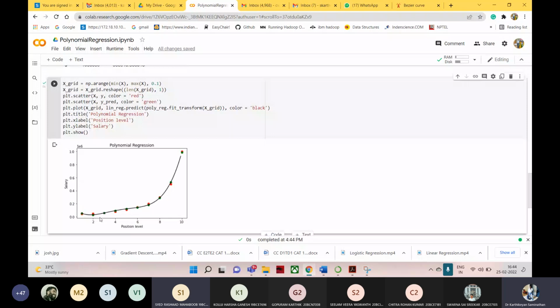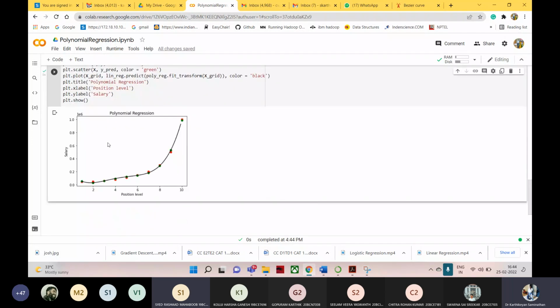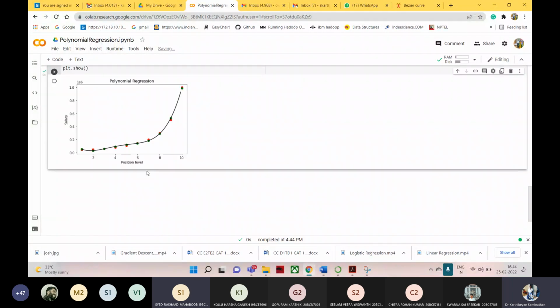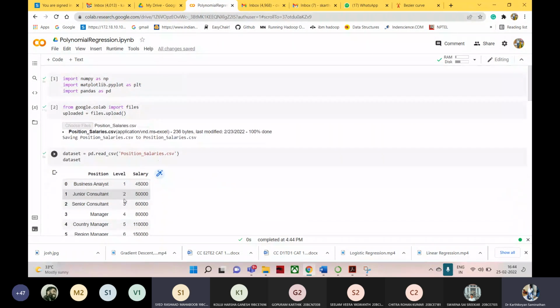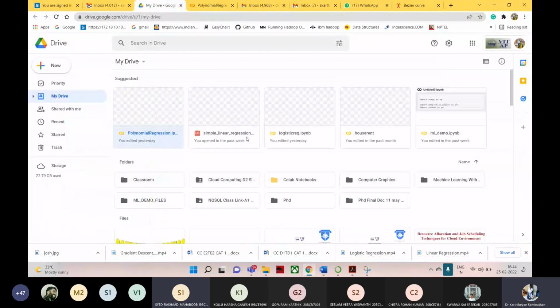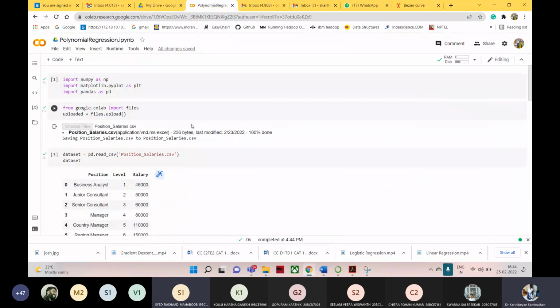See here, the regression line was generated. Red color lines are your testing, green color is your polynomial regression fitting. After this you can draw the confusion matrix and calculate the accuracy, precision, recall, everything. But this is what the graph generation is all about, right? I'll upload this data set, or else there are many examples on the internet, even repositories you can use. So this is how polynomial regression works.